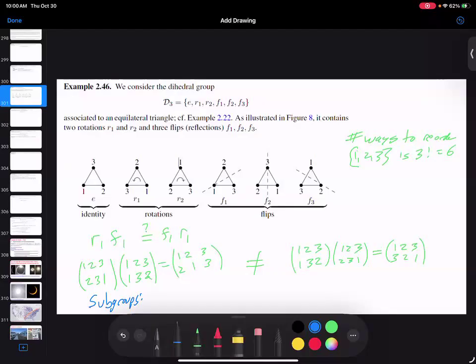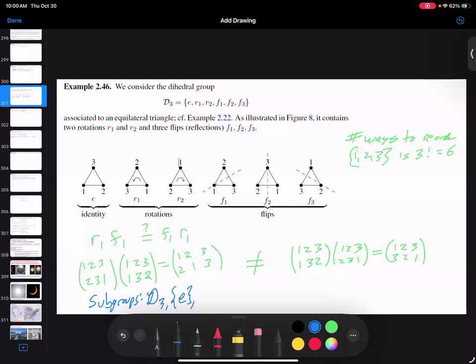Itself, so D3, and what else? Just the identity. So those should definitely be normal.